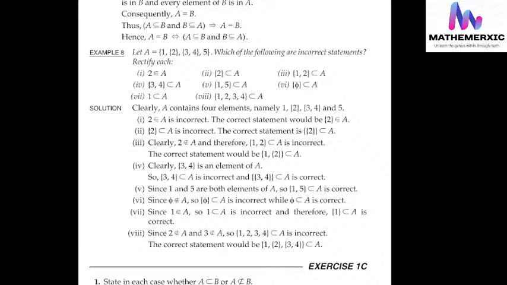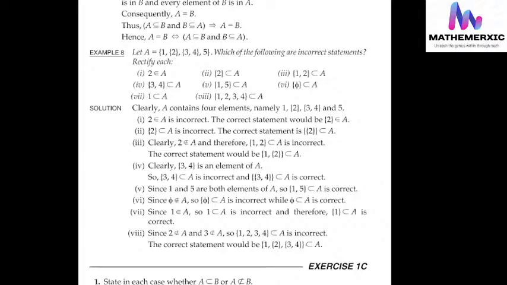Question 6 is much better, and that is why it is a better question: {5} is a proper subset of A, that we are saying.